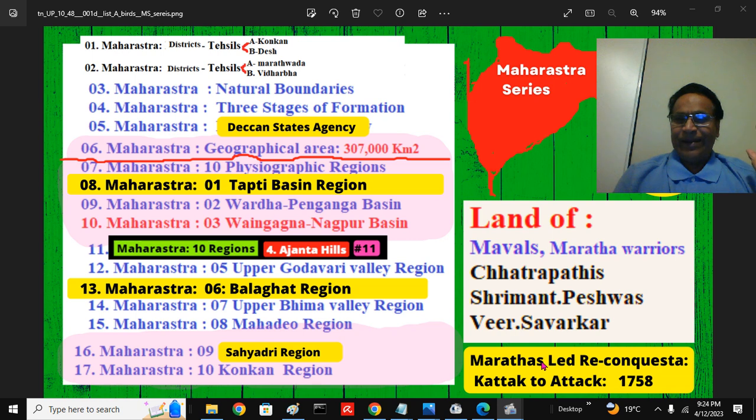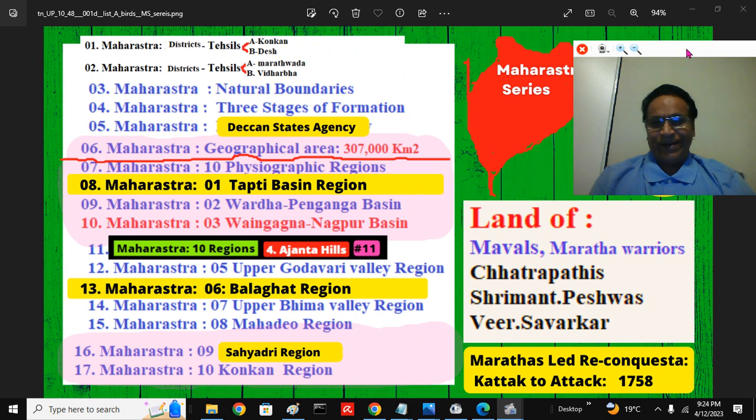Marathas led reconquest of Bharat against the Islamic imperialism, and they conquered the land from Cuttack to Attak. Cuttack on the banks of Ganga Sagar in the Utkal, Kalinga, Odisha region. Attak is in Paschim Punjab, Potwar region on the banks of river Sindhu. Attak to Cuttack, 1758, Maratha horses rode in full vigor.